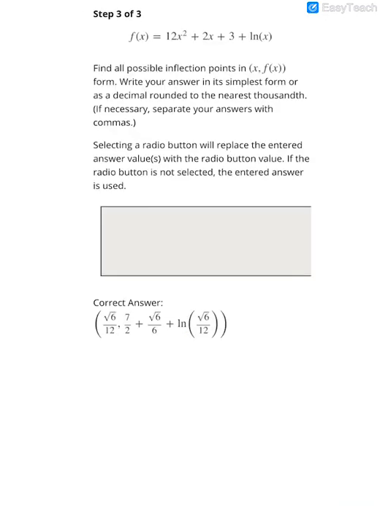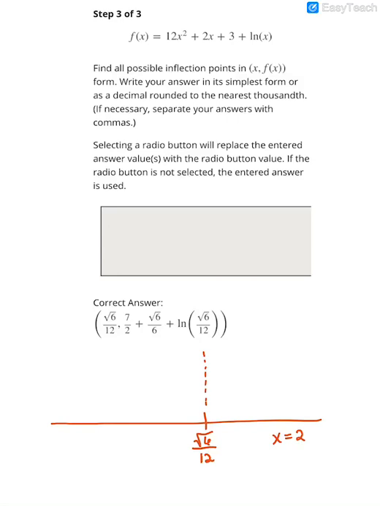All right, so the third part wanted me to find the possible inflection points. So if I take my positive square root of 6 over 12 and I put it on the number line so that I can test some points, I know that something such as, say, x equal 2 would be bigger.